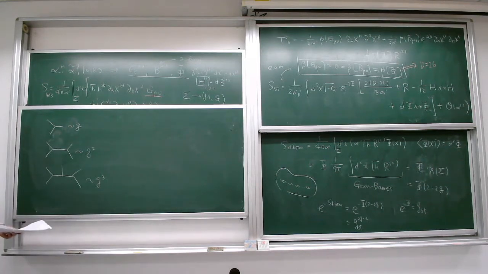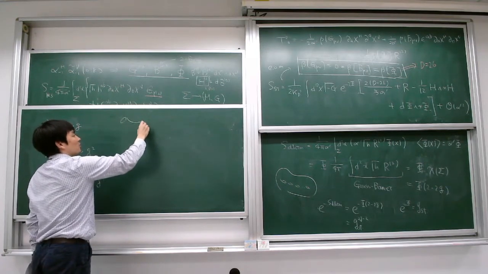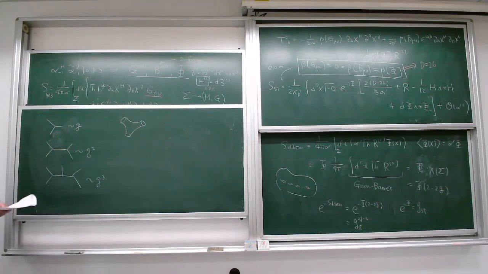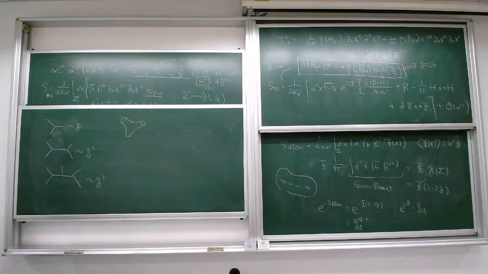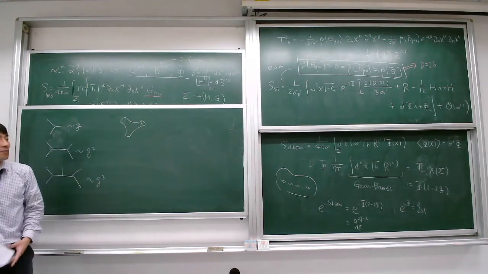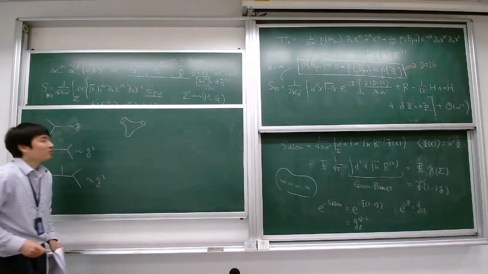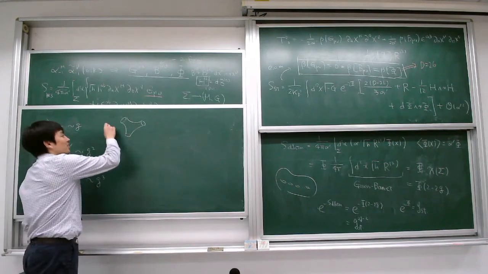Let's look at the Euler characteristic. What about the three punctures? Do you know the Euler characteristic with three punctures? It's called pants. Anyway, a Riemann surface has a pants decomposition. So what is the Euler characteristic of this guy?